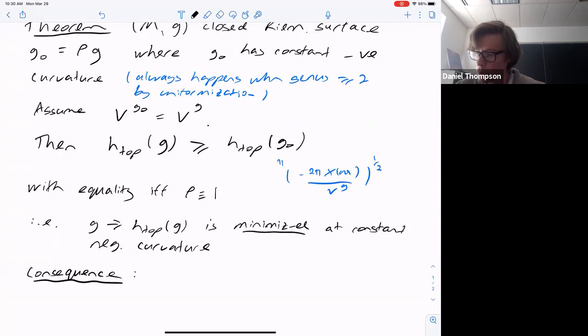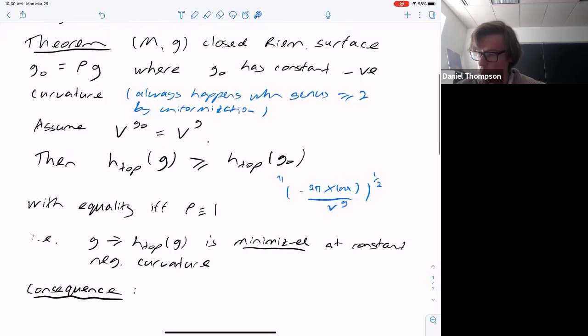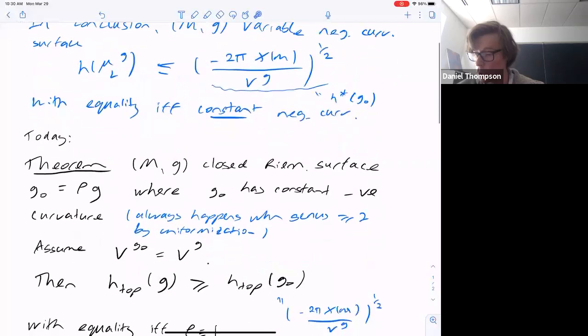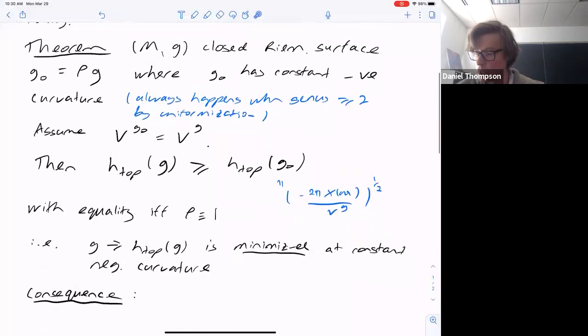Oh, also notice that my hypotheses were weaker here. So in the first thing, both the constant negative curvature guy and the things I was varying through, I needed a negative curvature assumption to make everything work. This is actually more general.